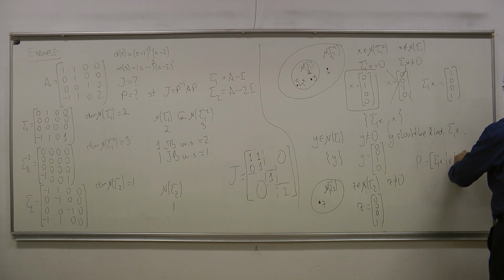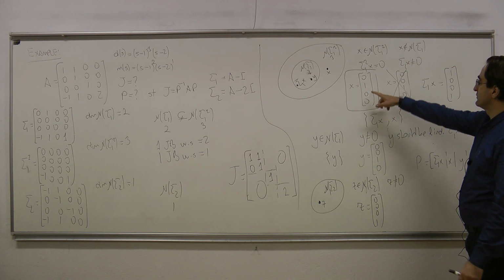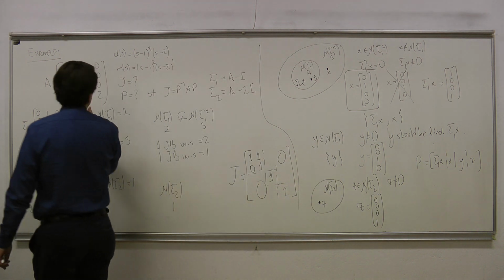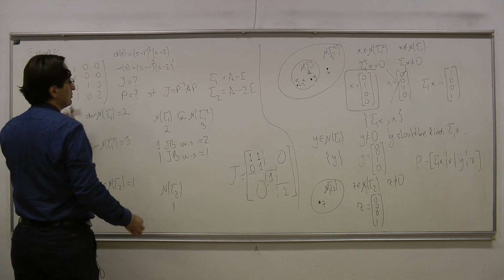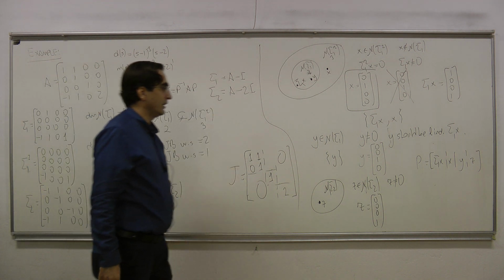And I know that 3 columns of this matrix are eigenvectors: sigma 1 x, y, and z are eigenvectors. And x is not an eigenvector. x is a generalized eigenvector. And you see it by multiplying that x with this matrix, and you will see that you won't be able to get a scalar multiple of that x vector.